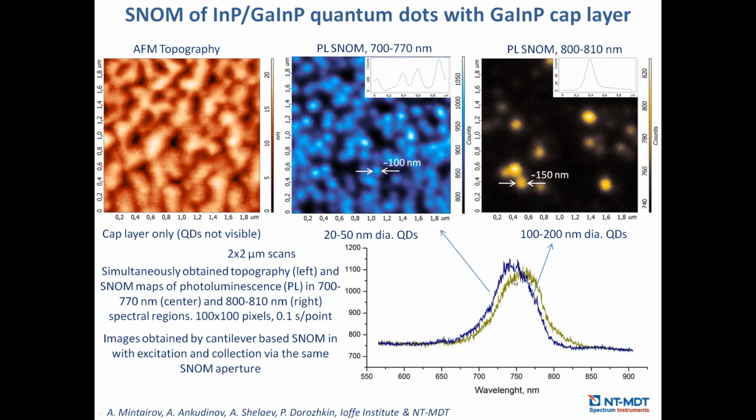We can see a blue curve, which corresponds to one type of quantum dots, and a yellow curve, which corresponds to another type. I would like to mention that it takes only 0.1 second per point to get such spectra, and for a map of 100 by 100 pixels, it takes less than 20 minutes.